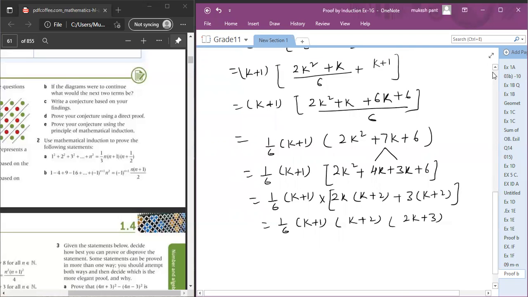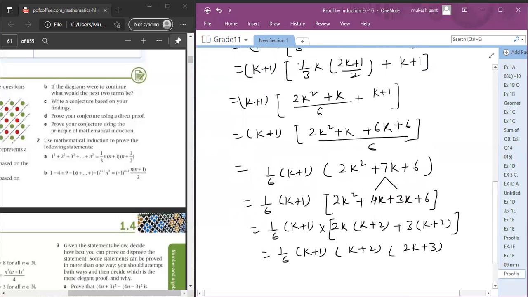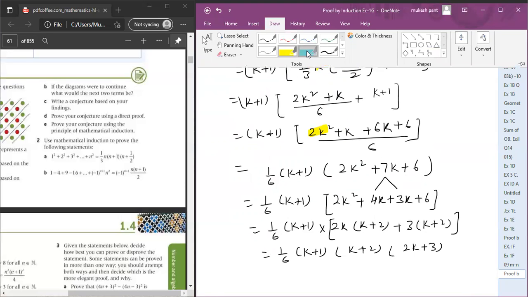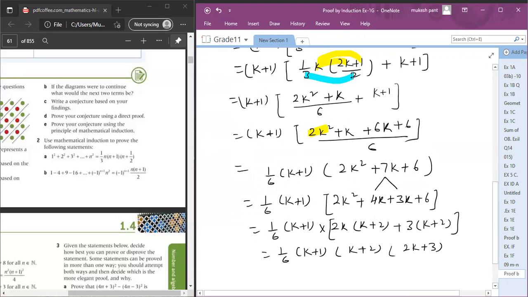See, 2k square, look here. k times 2k, k multiplying 2k and also multiplying with 1. So k times 2k is 2k square, and k times 1 is k. Now, 3 times 2 is 6.